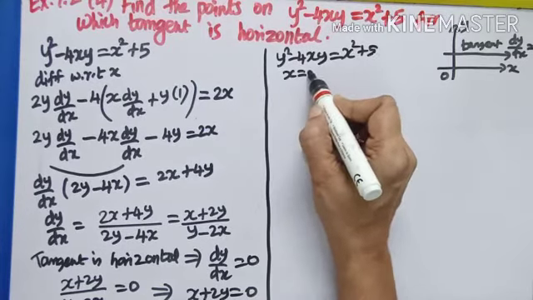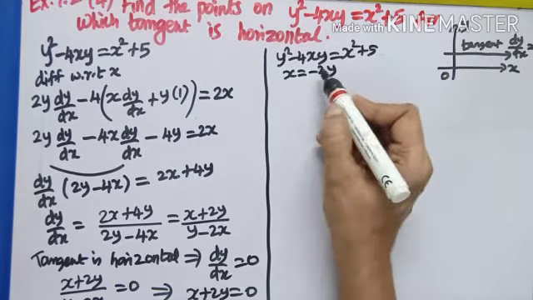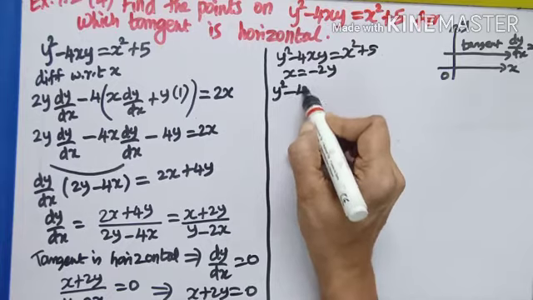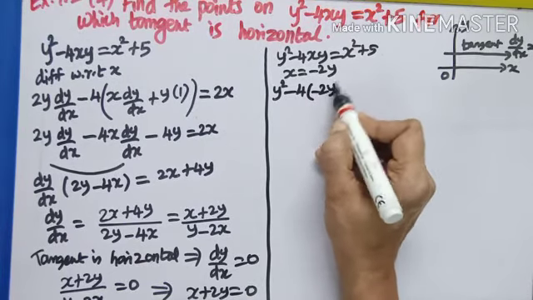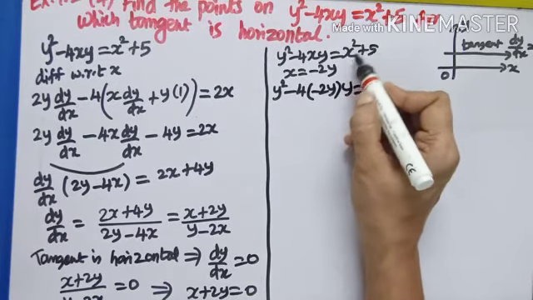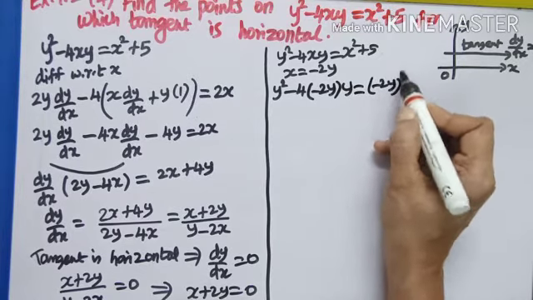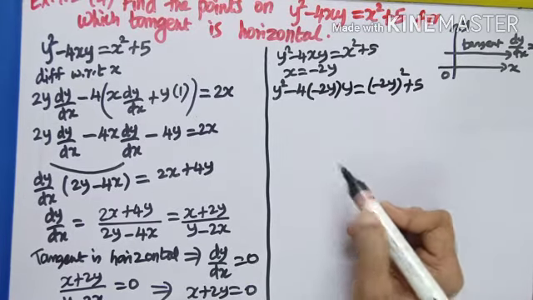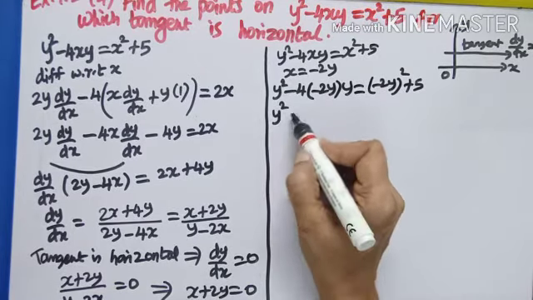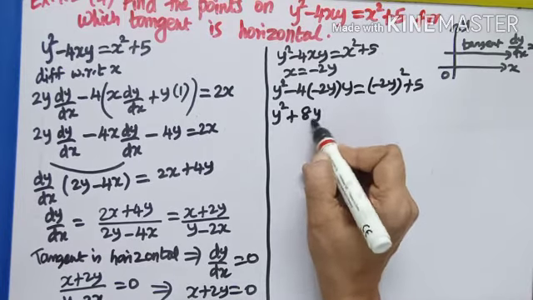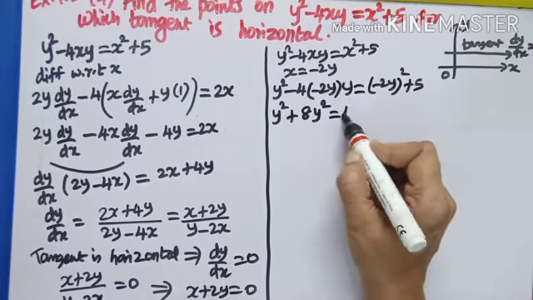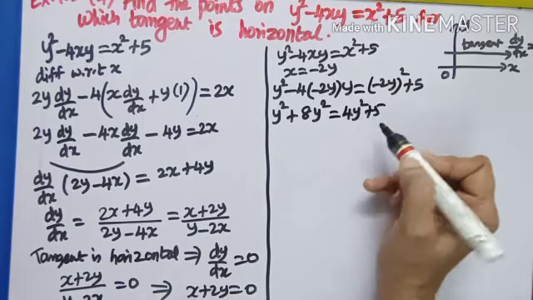Wherever x is coming, let me put minus 2y. So y square minus 4, x becomes minus 2y into y, and x square becomes minus 2y the whole square plus 5. Simplifying, y square plus 8y square equals 4y square plus 5.